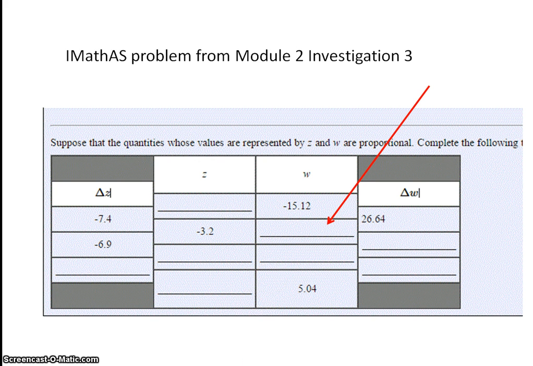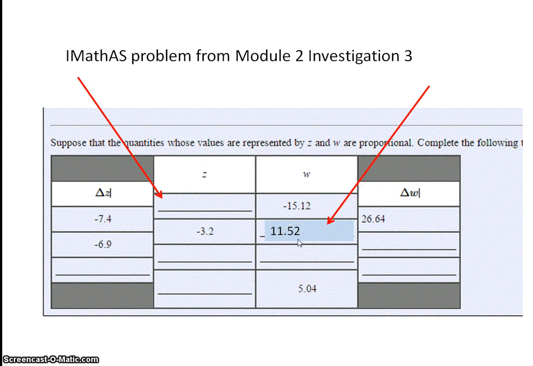If I want to fill in the first blank in the column for w, I'll look over here and see what the change in w should have been. I need to calculate an increase of 26.64. So we add that 26.64 to this negative number, and we get a second value of w, 11.52.